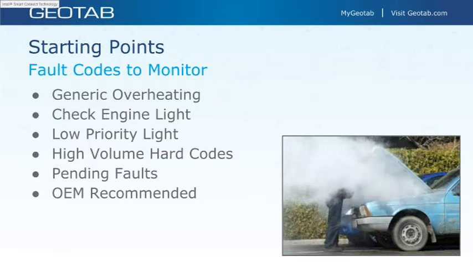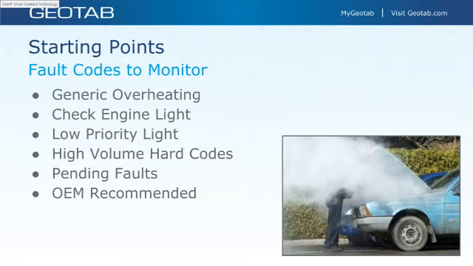When you start digging into the reports, you can see the date and time stamp of that check engine light, and you can also see some of the other codes associated with it, so that you can make a really good assessment, with your mechanic's advice, on whether this is urgent or not. So, do we take it off the road right now, or do we let it go and just plan accordingly? Also: low priority light, high volume, hard codes, pending codes, OEM recommendations.